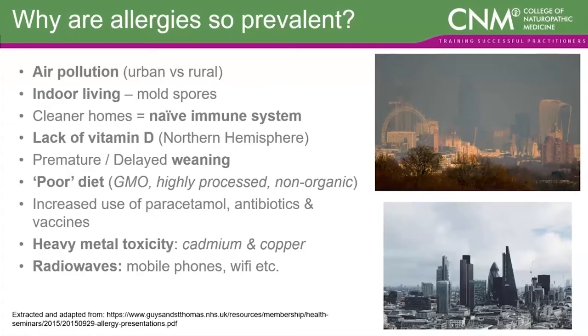Heavy metal toxicity also is one that we need to consider, particularly if you live in urban areas, as I've said. That links back to the air pollution, but we need to also be mindful of heavy metal toxicity, not only in the air that we breathe, but also in our water supply, in our foods, and what we're cooking with and what we're eating.